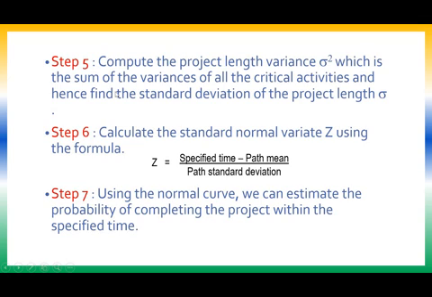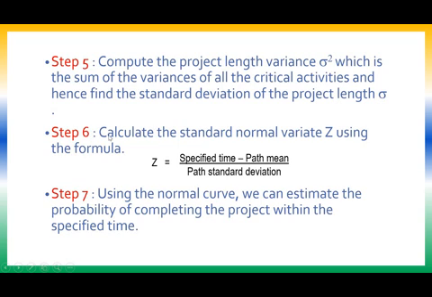So on the critical path, whichever activities are found out, for those activities whatever variances we have got, those variances will be added, and for that we take a square root which gives us the standard deviation of the project length.